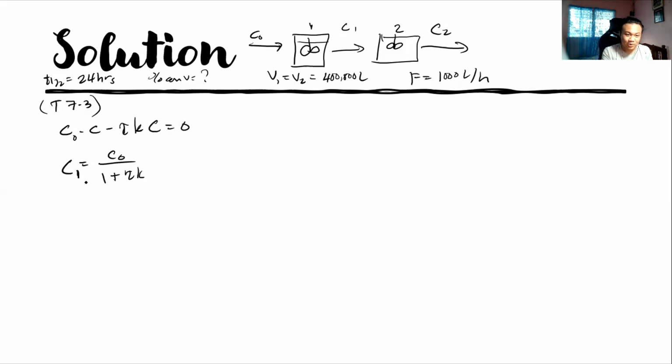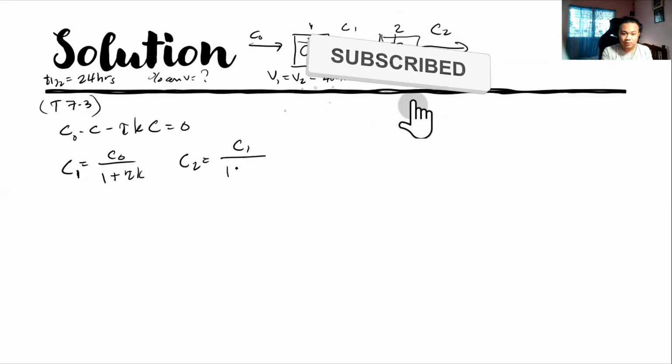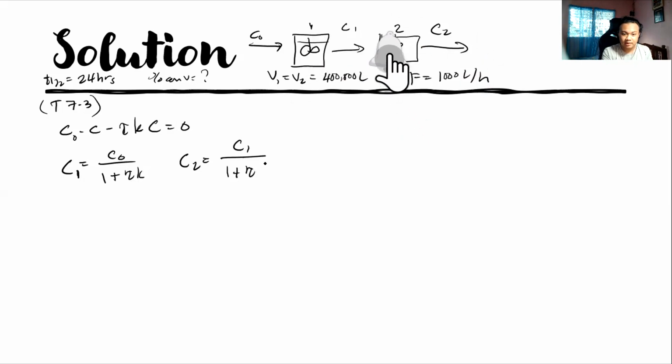So let's pattern that here. We have C1 equals CO over 1 plus tau 1 K1, then C2 equals C1 over 1 plus tau 2 K2.